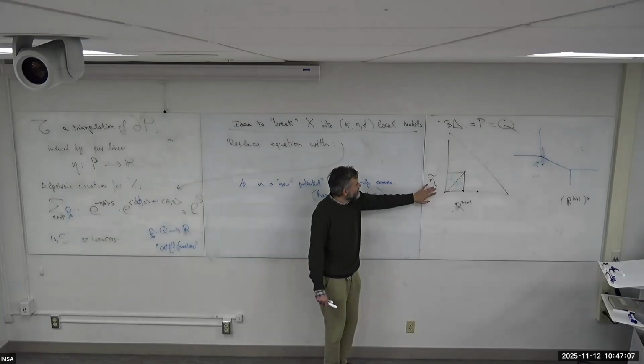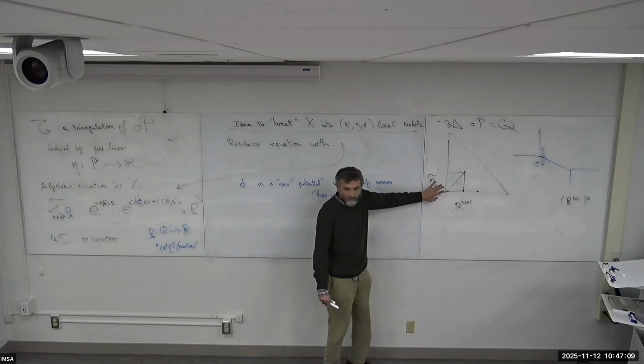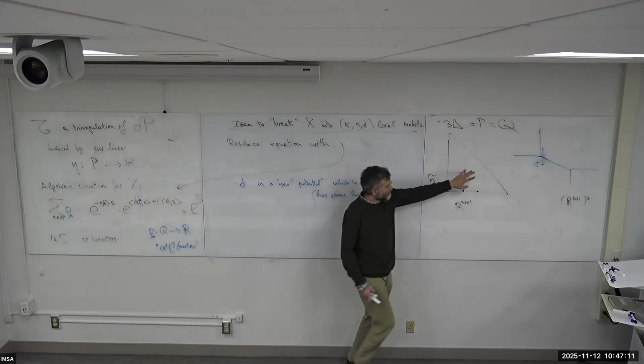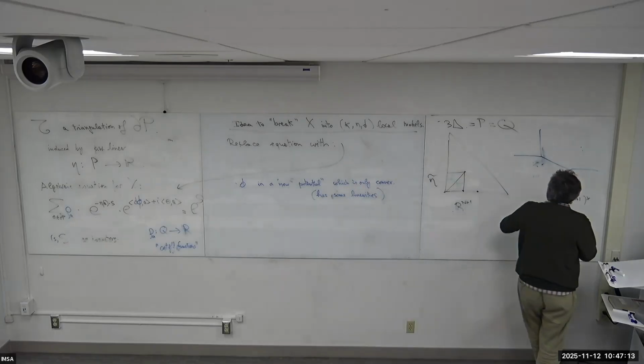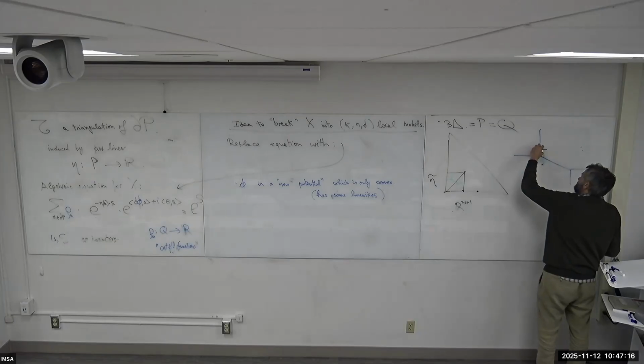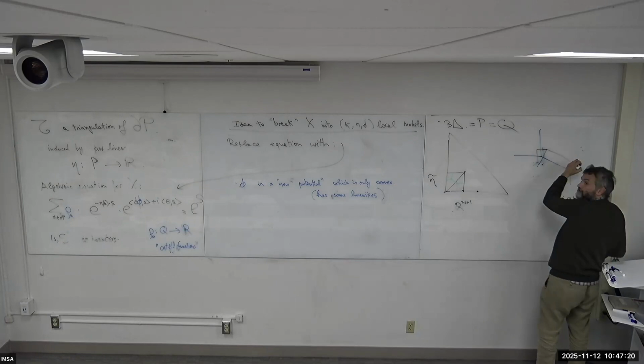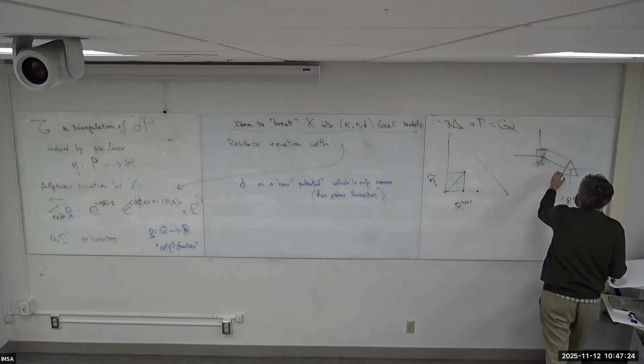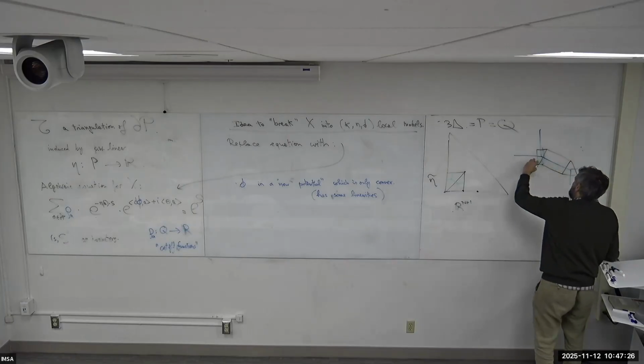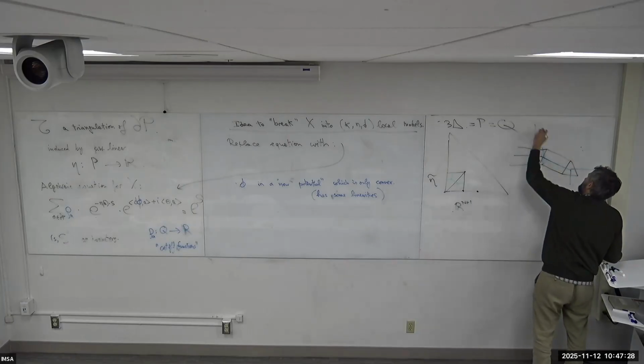Now what's the corresponding dual thing to such an object? It will be something like this. You get some triangle here, some triangle there, like that.